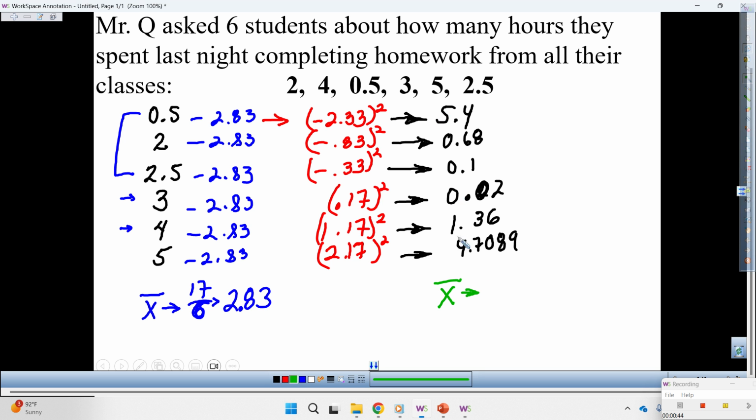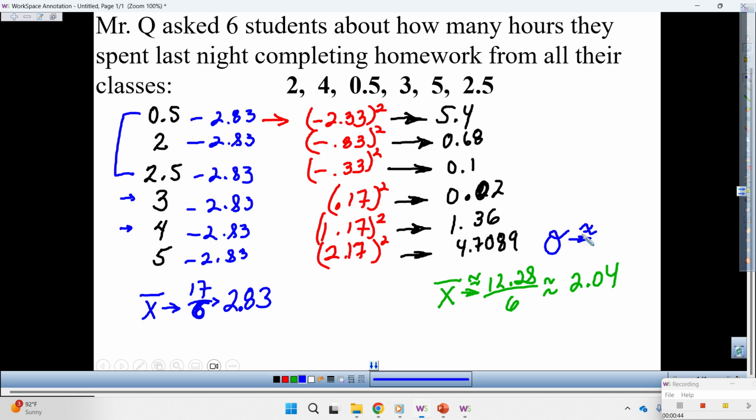No, the sum. 12.28, approximately. Divided by 6, and that gives us, go ahead, 2.04. Are we done? No, we need the sigma, or standard deviation.